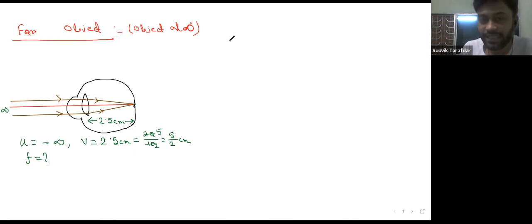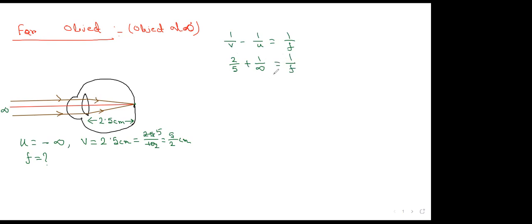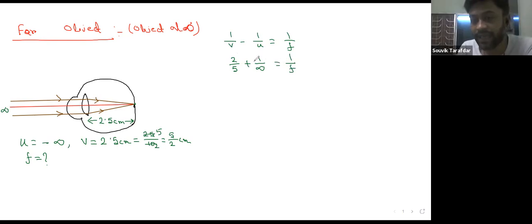Let's use the lens formula: 1 by V minus 1 by U is equal to 1 by F. So 1 by V is 5 by 2 inverted, which is 2 by 5. And 1 by U is minus of minus 1 by infinity. 1 by infinity is 0.